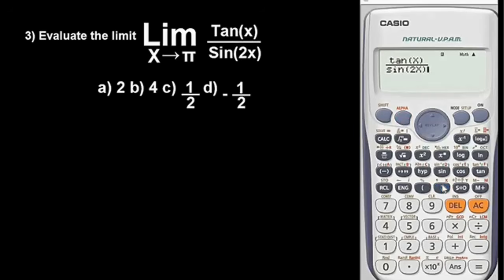So that's what we have there. Right now let's press equal and see what we get as an answer. 0.5. So 0.5 is the same thing as 1 over 2. So our answer to this question is option C, which is 1 over 2. It's as simple as that.